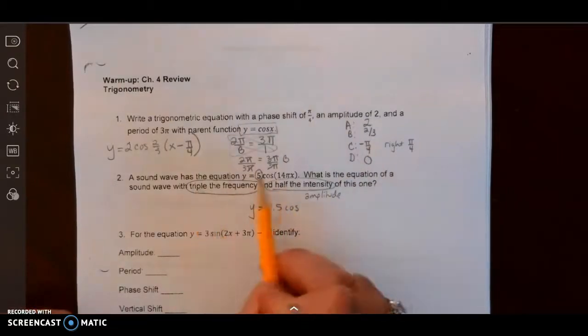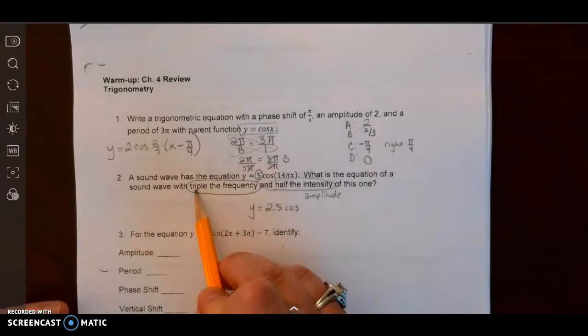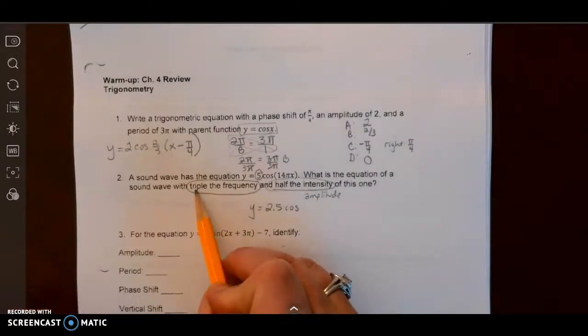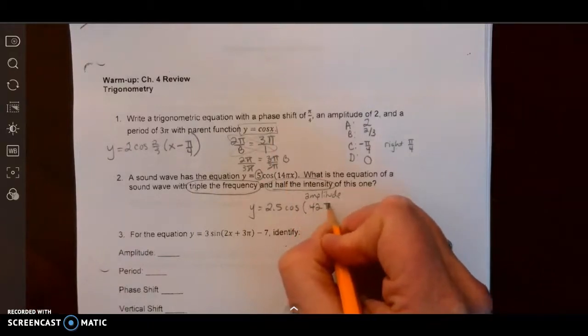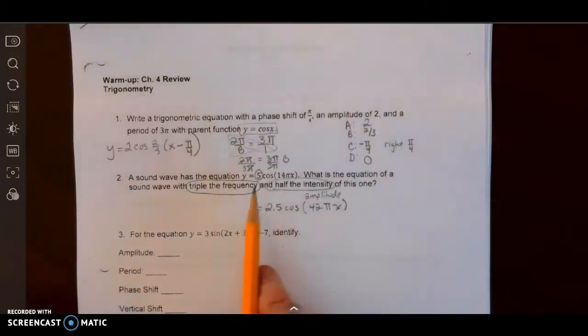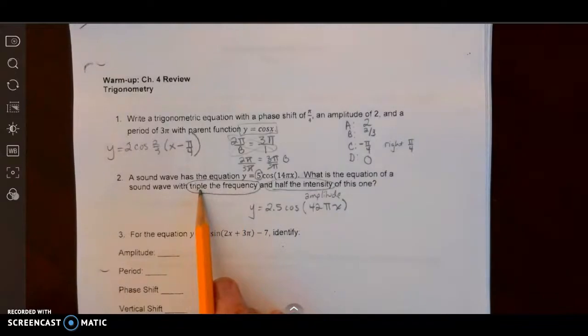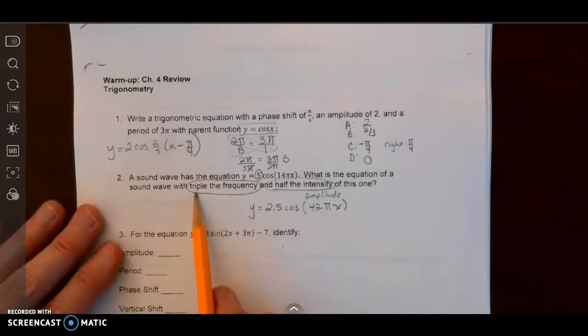So we simply multiply by 3. So 14 times 3 is 42, and we still have the pi x. The only reason this says 3 times the frequency and we didn't divide is because frequency is the reciprocal of the period. So when you take the reciprocal of the reciprocal, we end up multiplying by 3.